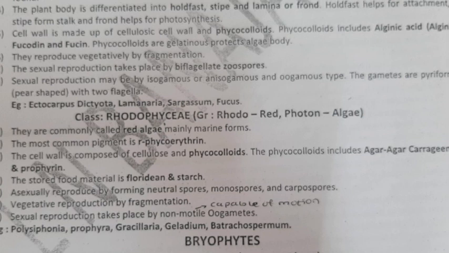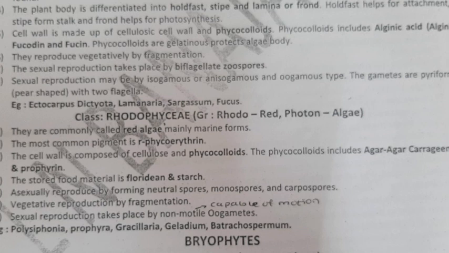The stored food material, that is the reserve food material in case of Rhodophyceae, is floridean starch. In the Chlorophyceae members only starch is a reserve food material. In Phaeophyceae, mannitol and laminarin. Here the reserve food material is floridean starch.